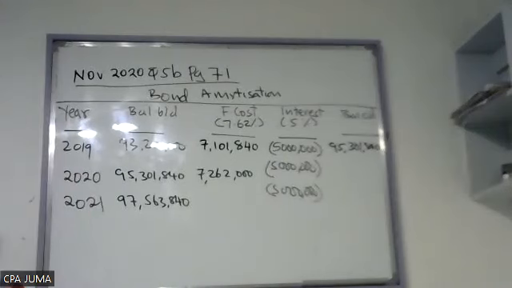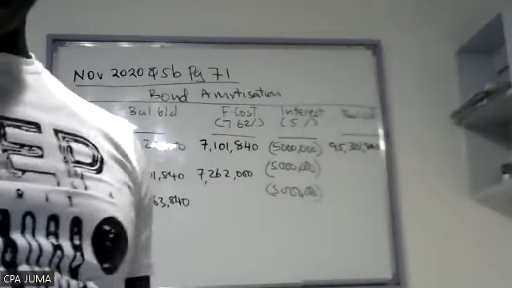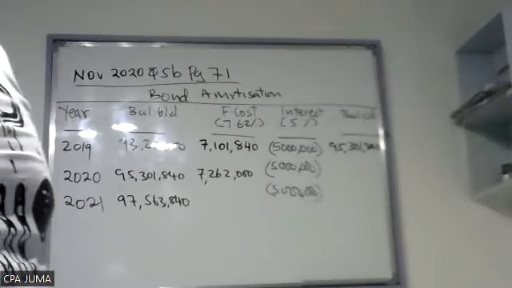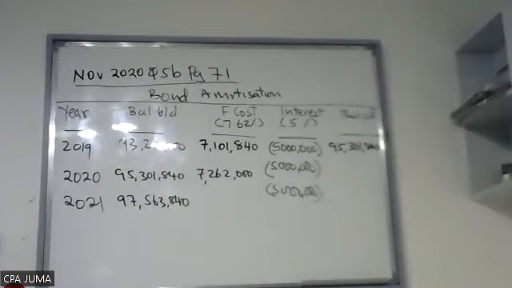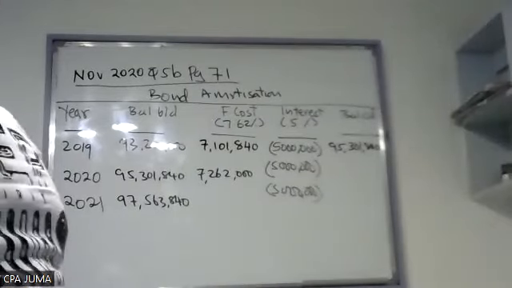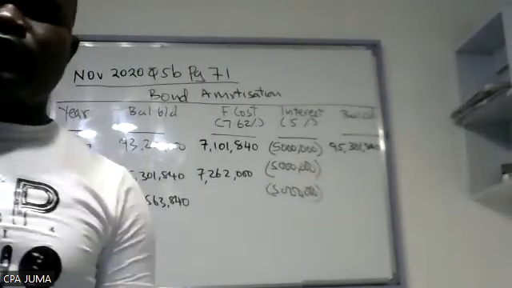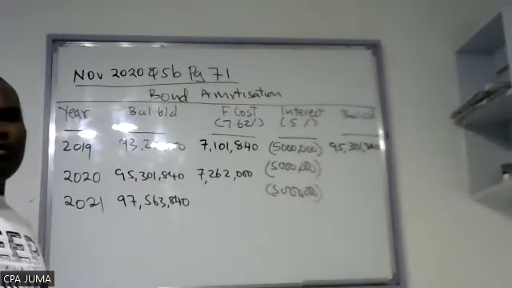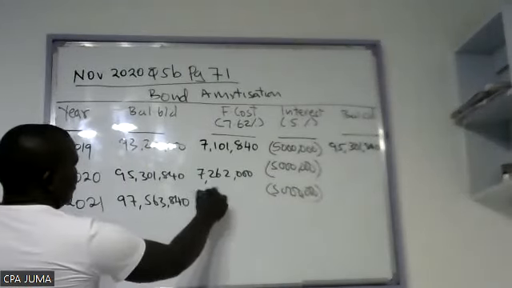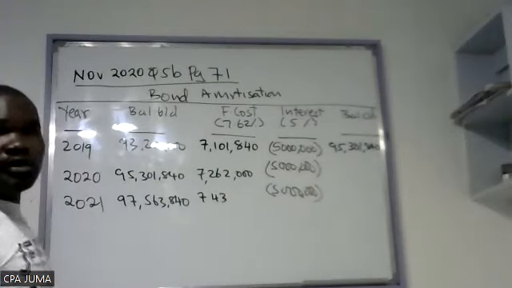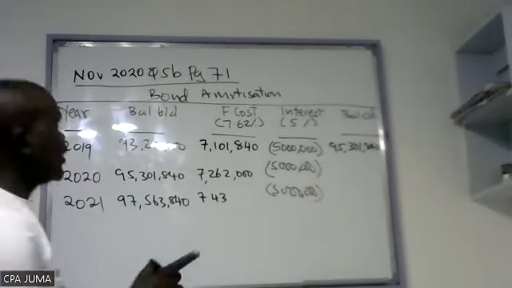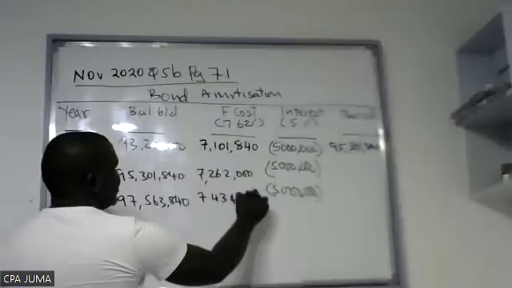What do you get? Seven, 4, 3. 7, 4, 3, 4, 3, 6, 5.